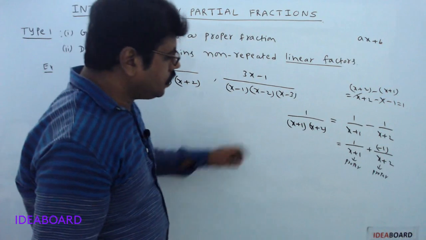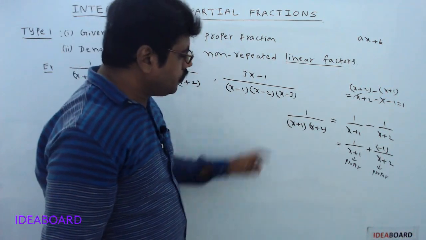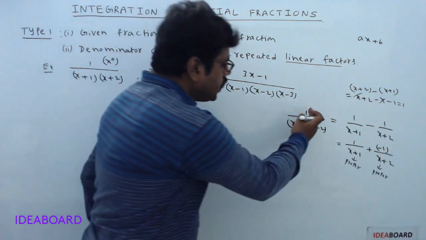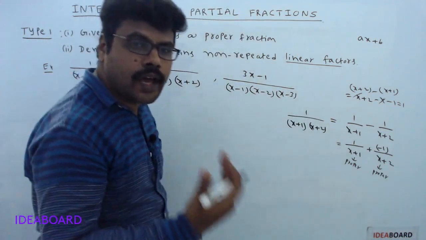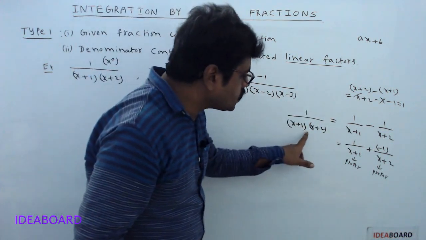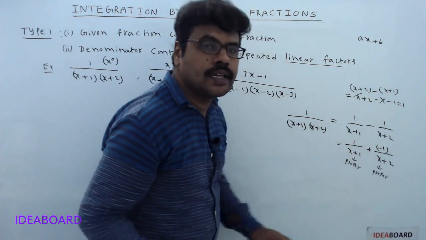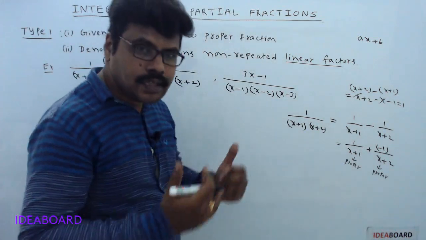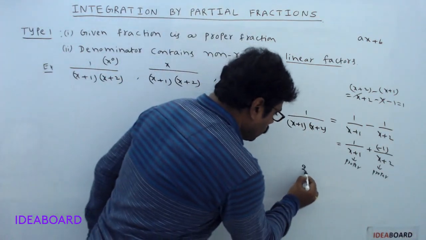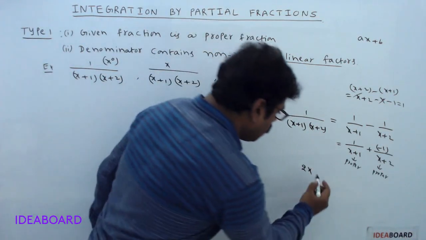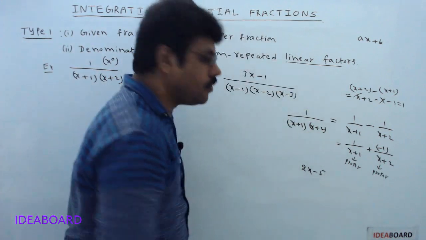Now here, in this example, in the numerator, there is a constant term 1. So we are manipulating this fraction into partial fractions very easily. Suppose in place of 1, 2x or 2x minus 5 is given.